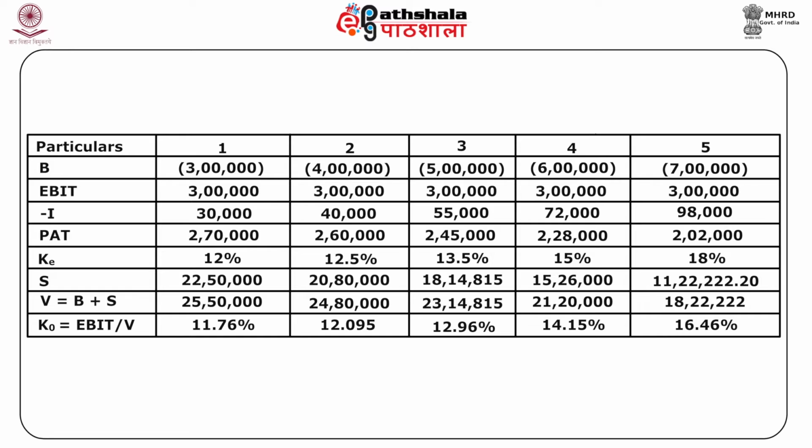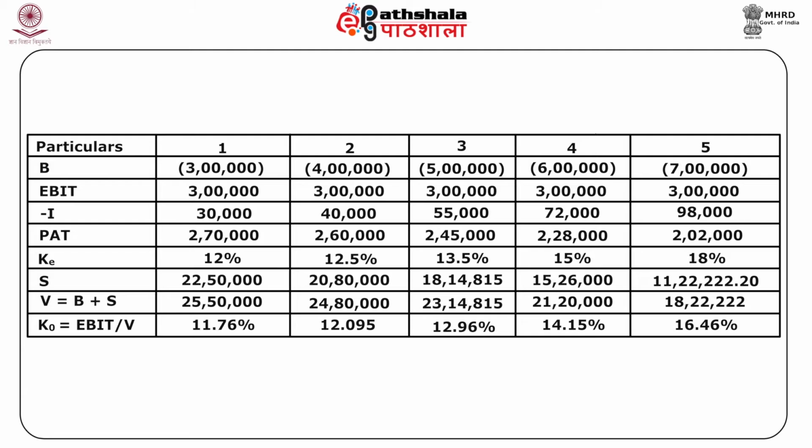But what about the overall value of the firm? When we add the value of debt to the value of equity, you see that in the first column the value of the firm is 25,50,000 and the overall cost of capital of the firm is 11.76%.